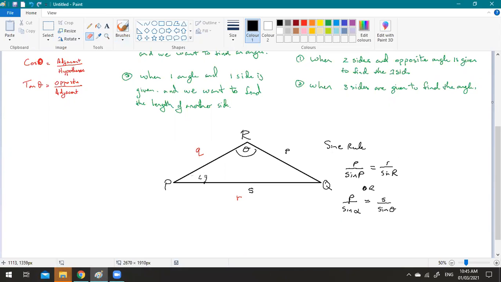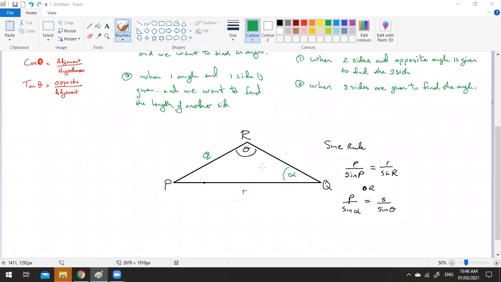And this is only when they don't give us a right angle triangle. Let me try something else here now. What about if they give us this side? This is R and this is Q. What will be the formula in that case? Anybody?